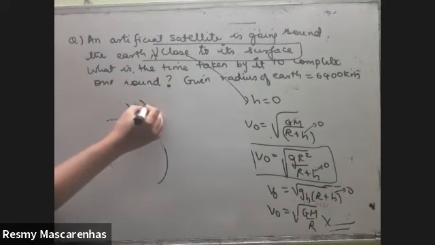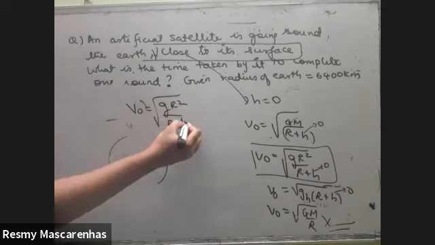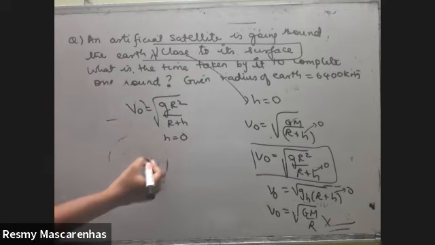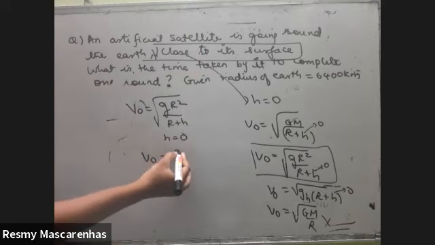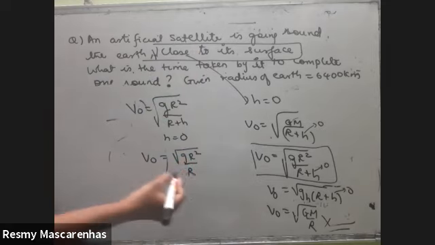So we can use V naught is root of g r square upon r plus h. But h we have to take 0 because it is close to the Earth's surface. So this will be g r square upon r. One of the R will cancel.